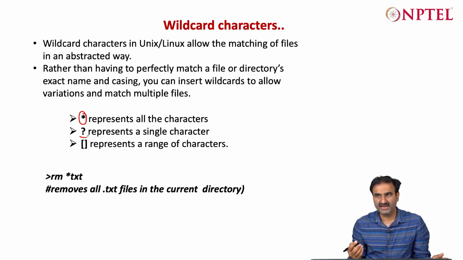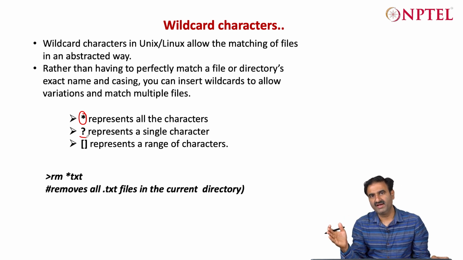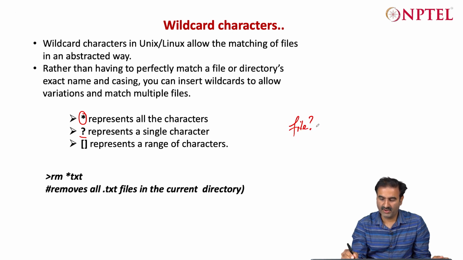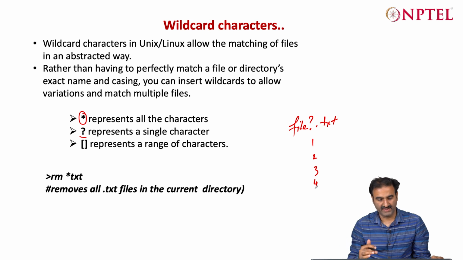For example, you can say the first character can be anything, but the rest has to be exactly like file 1.txt, file 2.txt, file 3.txt. So I will say file, then the wildcard, then .txt. All the file 1, file 2, file 3, whatever are there, will be displayed.